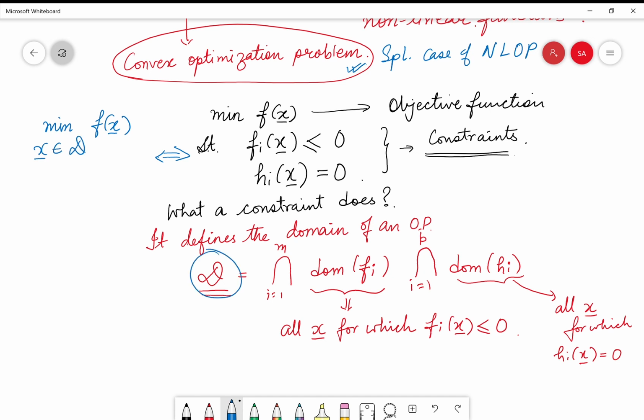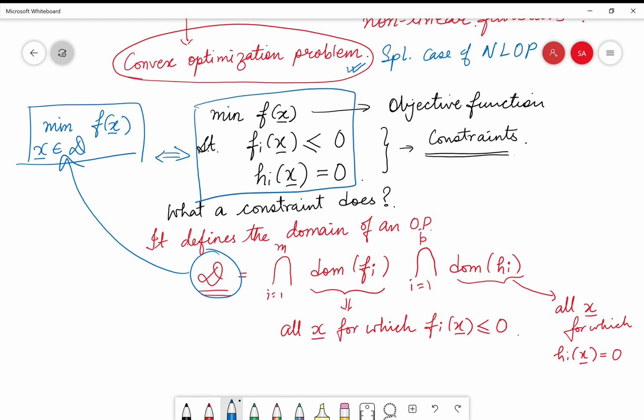Okay, so this domain here, you bring it here. So these two problems are equivalent. This is an equivalent problem of this equation. And this is how you define the domain. Domain is the intersection of all these points.